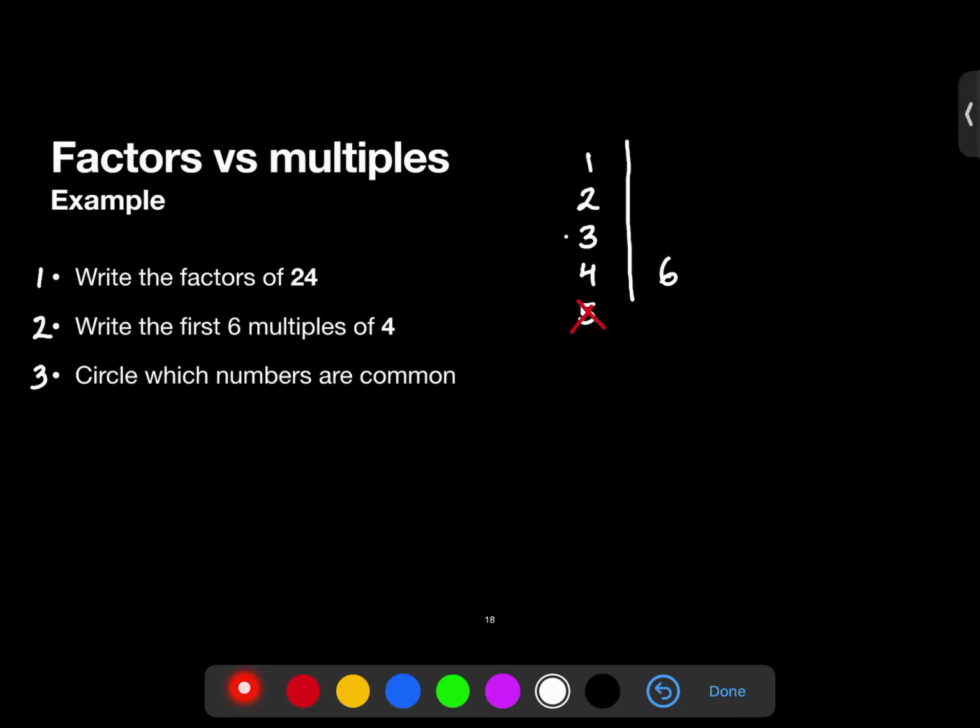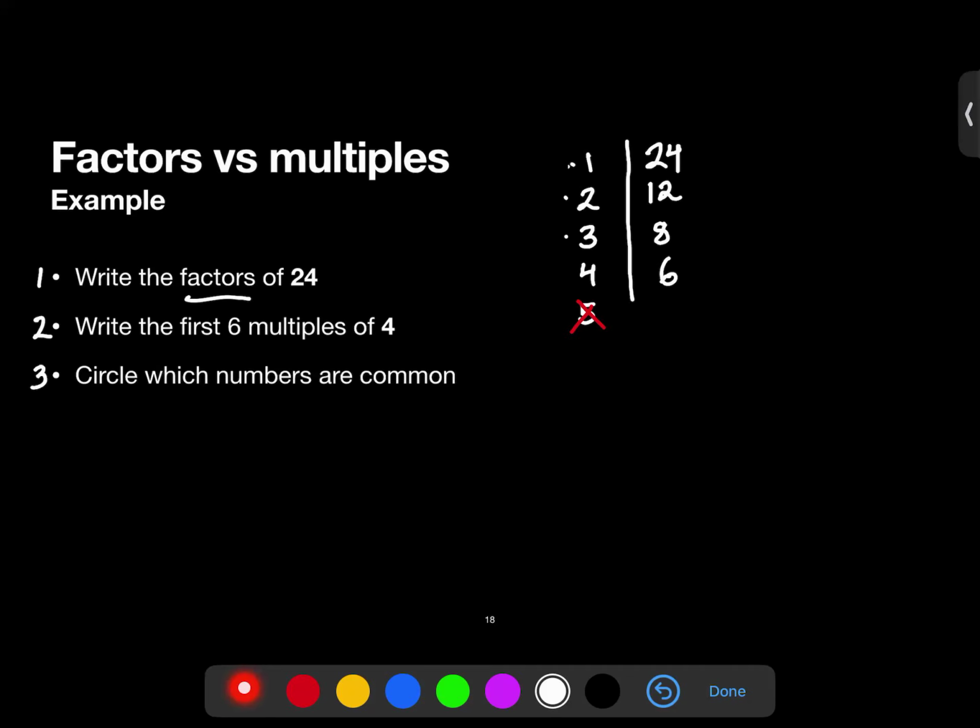So we have 3, 8, 2 is 12, and then 1 is, of course, 24. So those are our factors of 24.